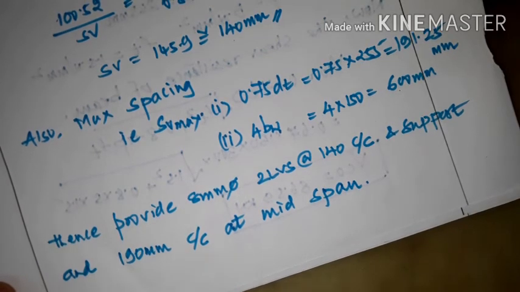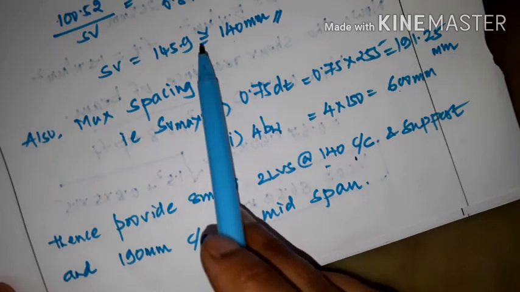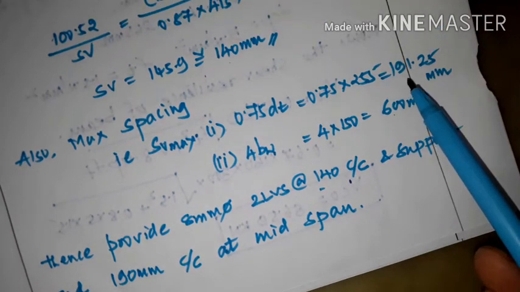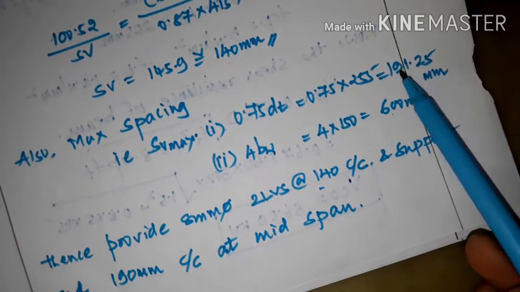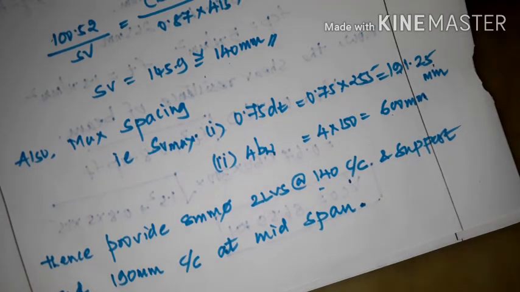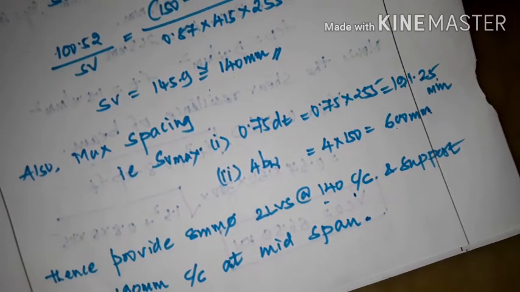So 8 mm dia whatever required, 140 mm center to center according to the calculation you provided at the support. At mid span you can provide the least of these two. So that is 191, which is round figure to 190. So that is 190 mm center to center at mid span. Okay. So this is the last step. We have completed the solution.